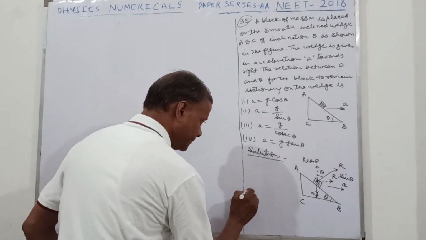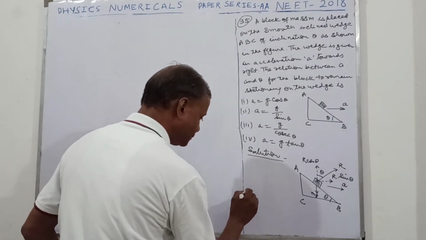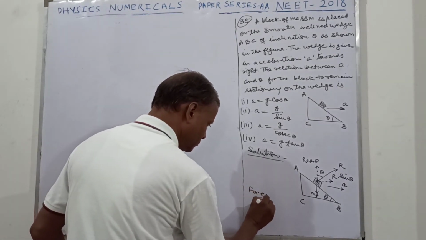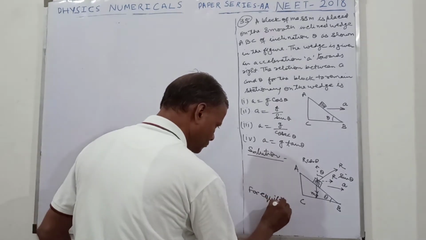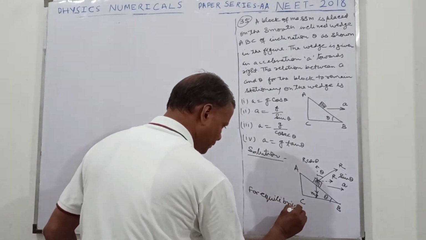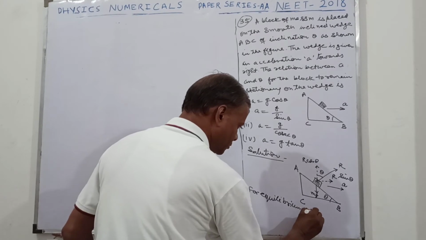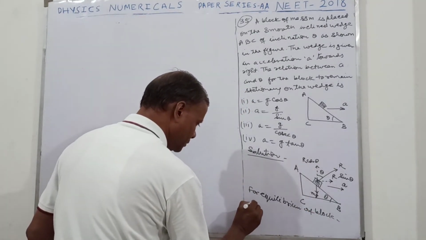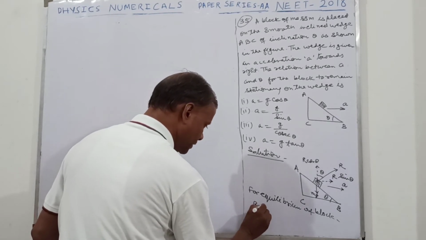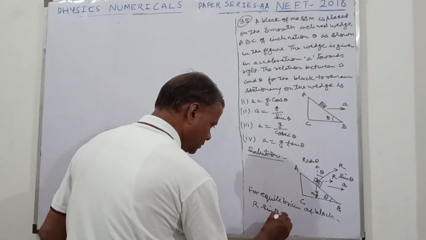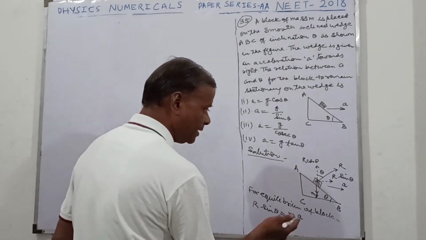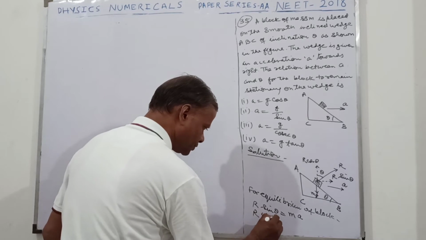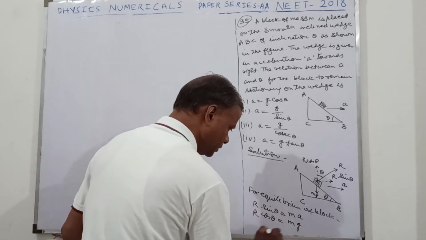So for equilibrium of the block, R sin theta is equal to ma, mass of the block times acceleration, and R cos theta is equal to mg.